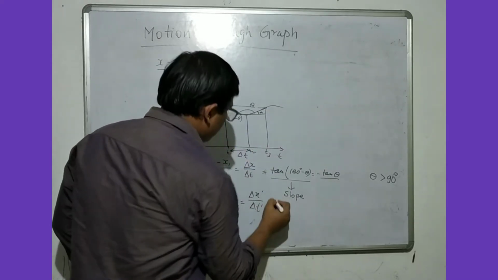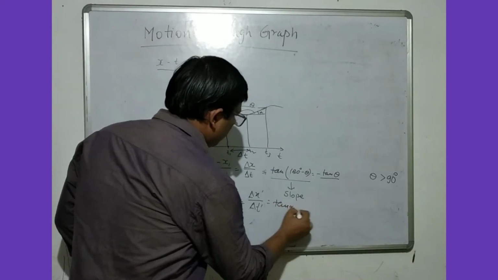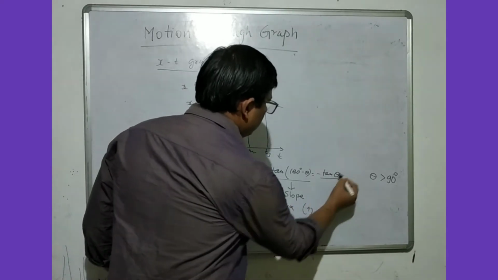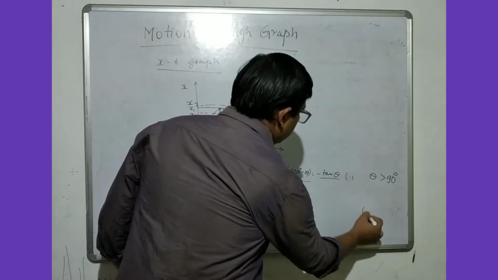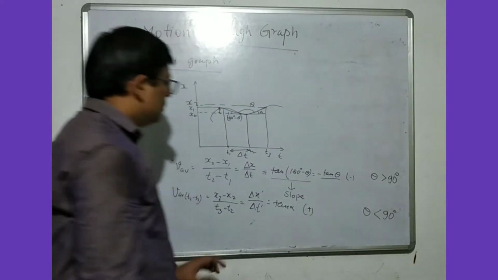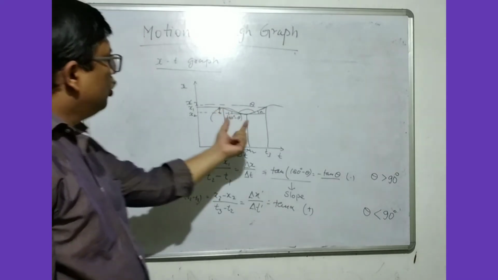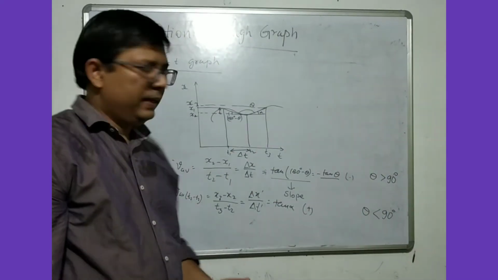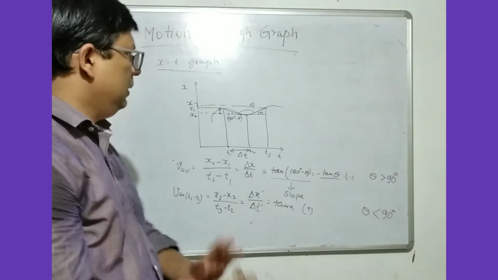This is alpha, so that's tan alpha. This is positive, this is negative. Why is this positive? Because this is less than 90 degrees. So the slope between two displacements gives the average velocity.